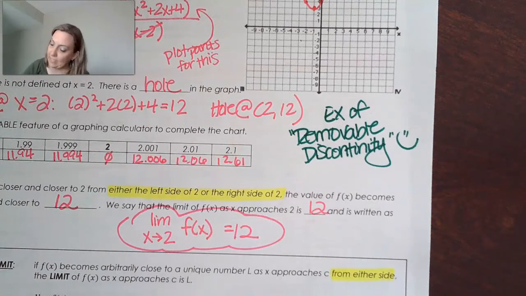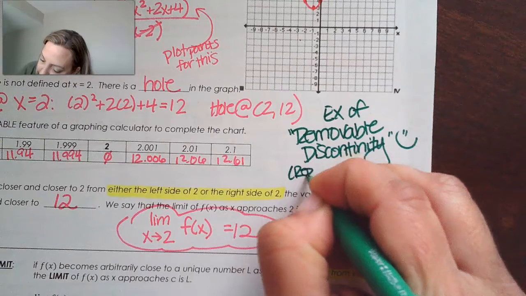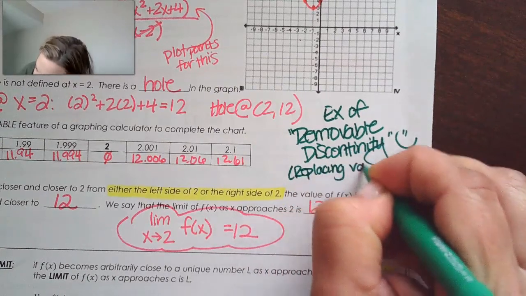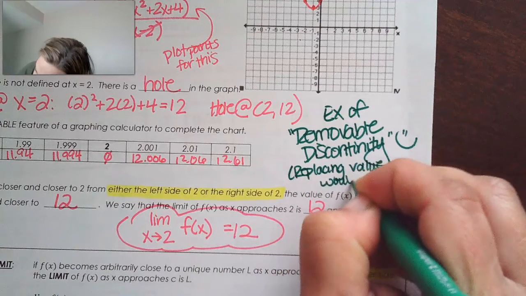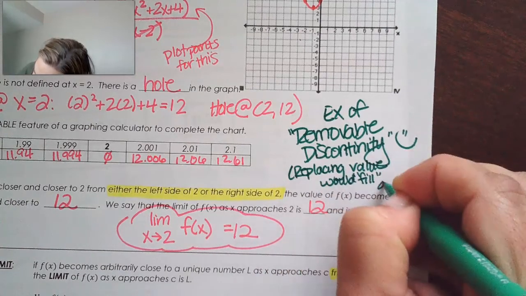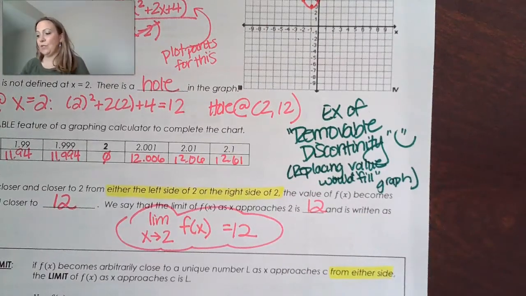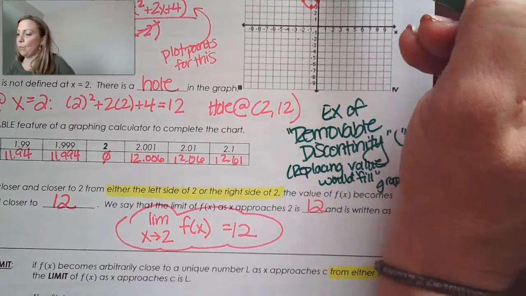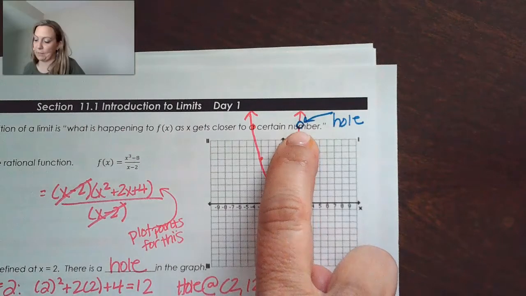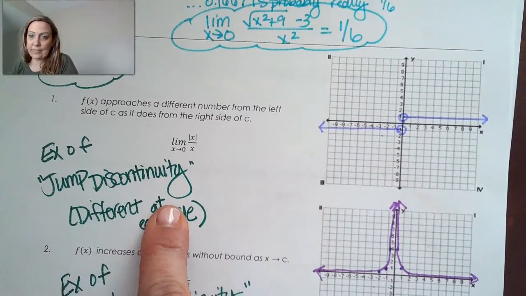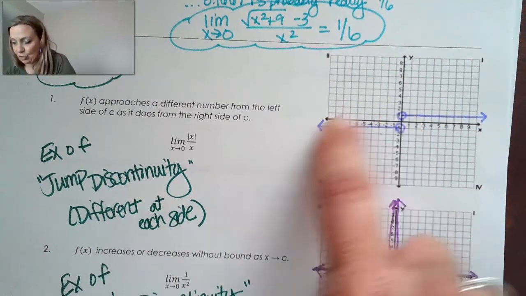That's where replacing the value would fill the graph. So there is a discontinuity there, like we'd have to pick up our pencil to move from one point to another, but notice that it would fill the graph up. So a removable discontinuity is fine. Jump discontinuity, again, it's not continuous. We have to jump from one to another. That's no good. Infinite discontinuity going towards an asymptote, that's no good.